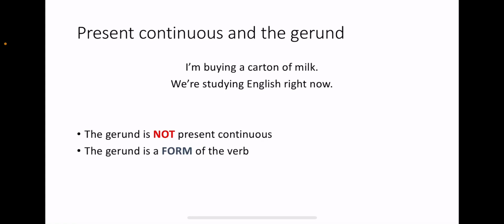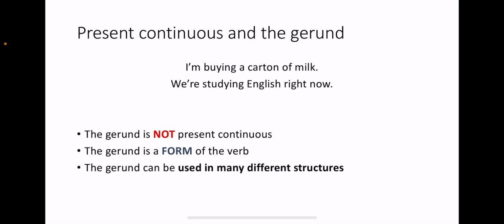The gerund is a form of the verb. Verbs can take many forms in English, and the gerund is one form of the verb. And the gerund can be used in many different structures, not only continuous or progressive forms.